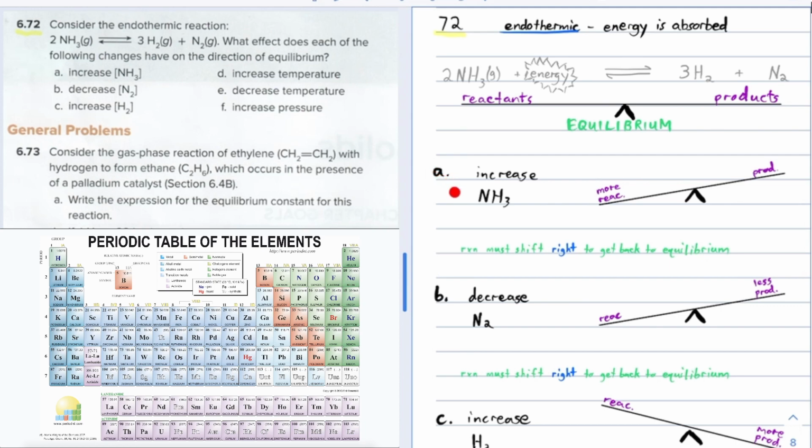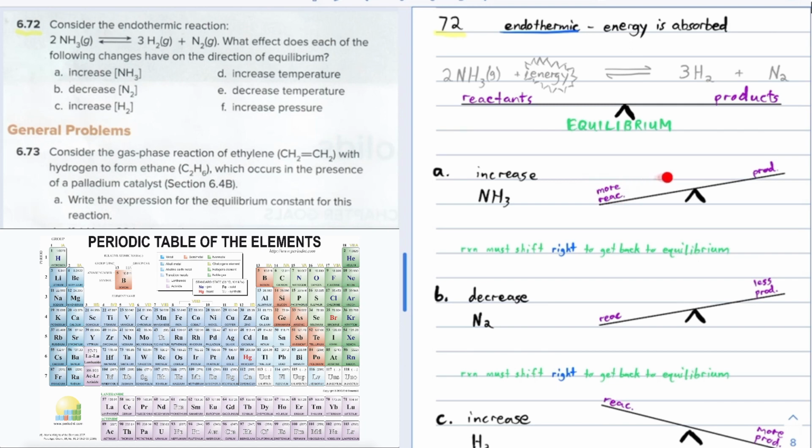The first change is to increase the amount of NH3. Now where is NH3? Well, it's one of the reactants. If you increase the amount of NH3 in the reaction mixture that was at equilibrium, you're adding more reactant, and you're causing the balance beam to fall down on the left-hand side. You've got too much reactant now.